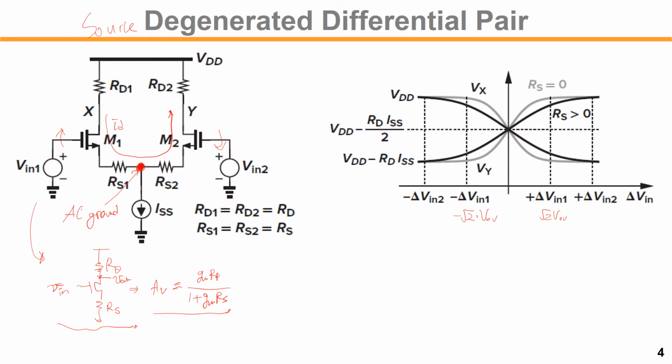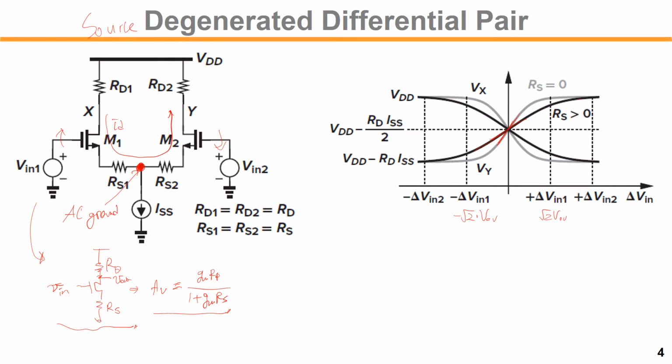But if you have a degeneration, we know that the gain would be smaller, right? So the range will extend, smaller gain than without RS in the small signal sense. How about the large signal sense? What would be the input signal range?